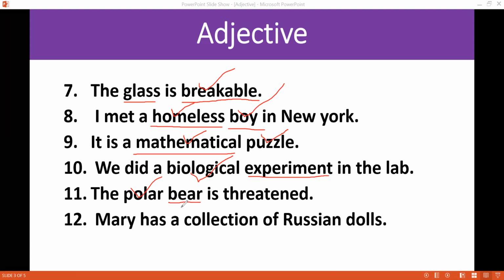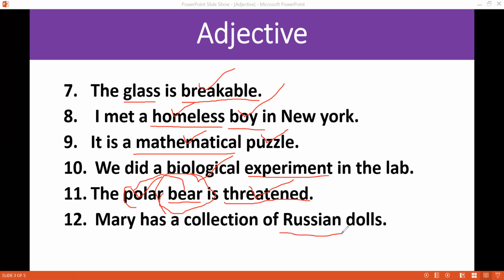So, polar bear is a noun expression. It may be taken as an adjective, but the real adjective in this sentence is threatened. Threatened has been used as an adjective to explain the polar bear.